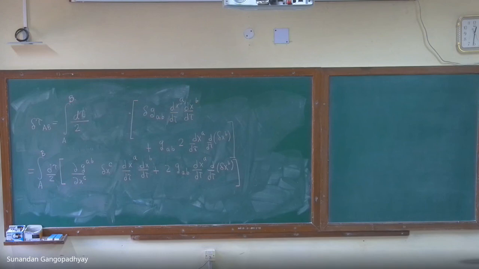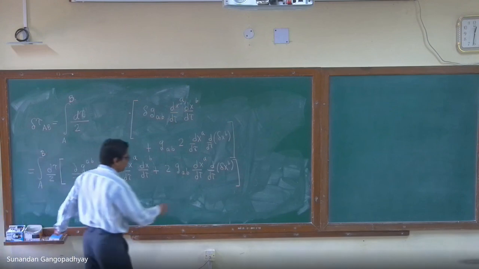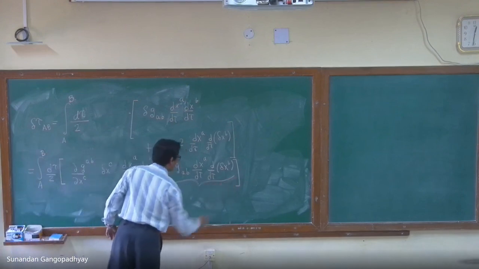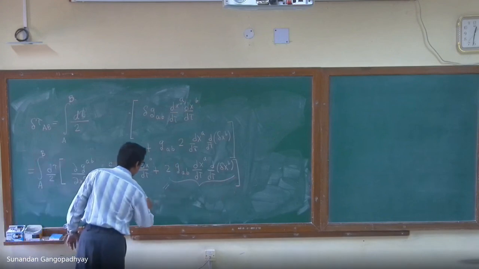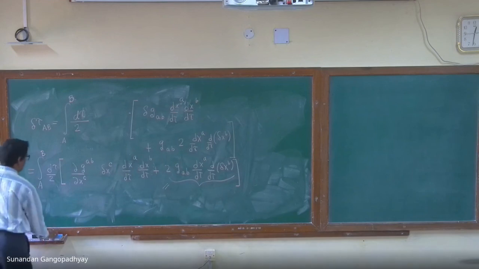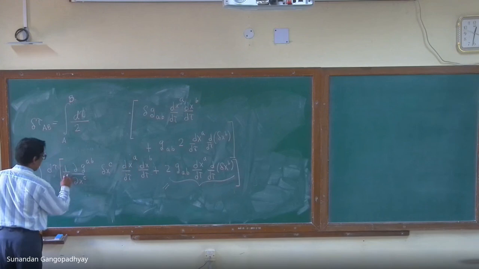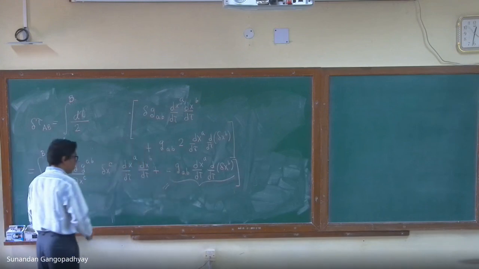Here, what I shall do is the following. This term, I'll write it down in a different way. So what I will do is, half, then this will be one. Good.